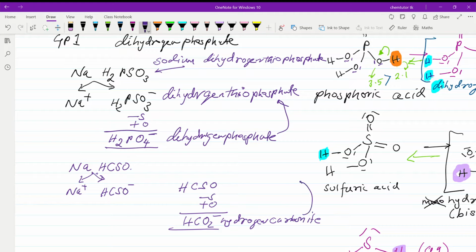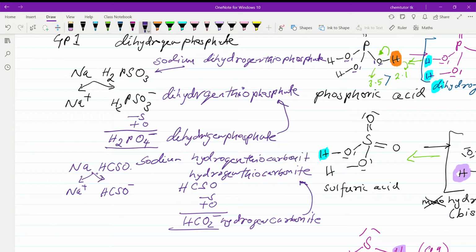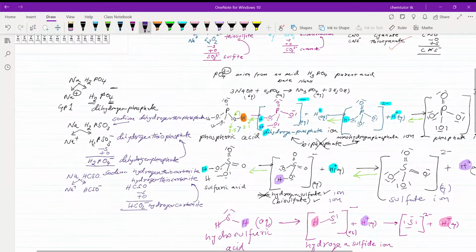So if you go this way, that one becomes hydrogen thiocarbonate. So the name of this compound is sodium hydrogen thiocarbonate. Here we won't use the word mono, right? Because it has only one hydrogen in that acid radical.